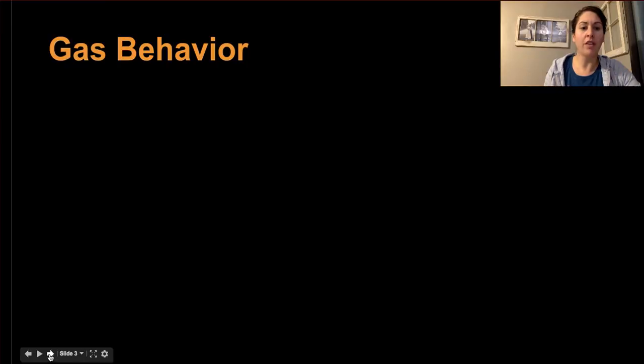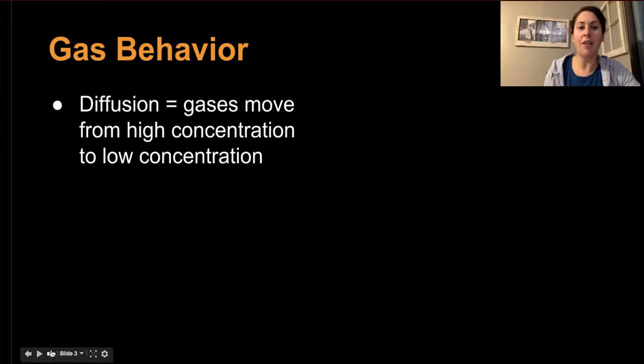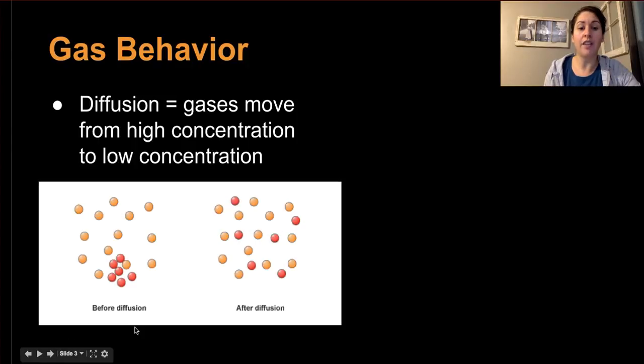One of the other things that we know about gases is that they have the ability to diffuse, or to move from a high concentration to a low concentration. When they do that, they like to fill up the space that they're in. Here's before diffusion, we have all of these little gas particles that were added to the mix.